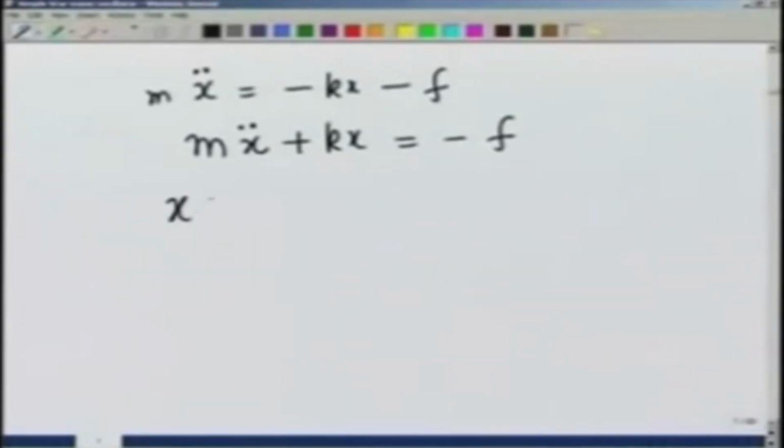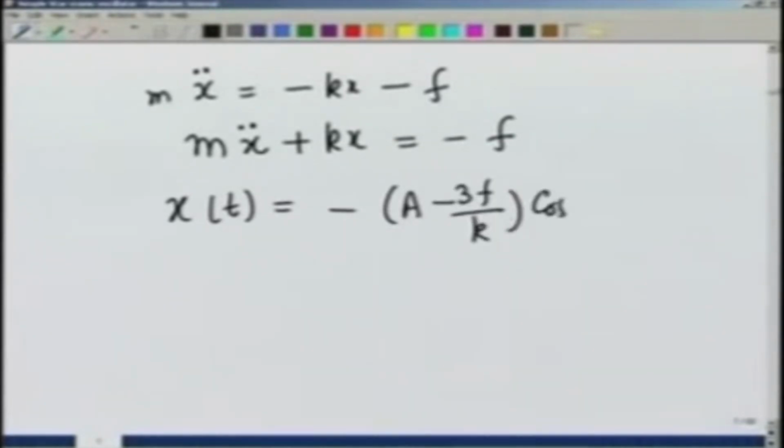You will find that while moving to the right, x(t) is described as minus a minus 3f over k cosine of omega 0 t minus f over k. Again it comes to a stop after omega 0 t equals pi.